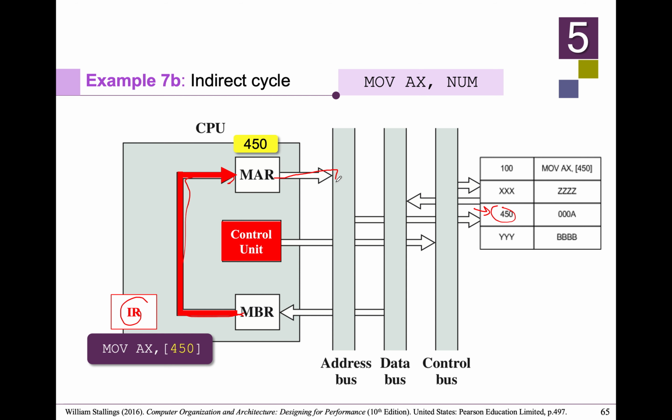Your MAR will use your address bus, and from here you will look into your memory again, and what is the value for 450. Then it's going to continue with the control unit and flow non-stop until the end of your source code, or maybe there are instructions.